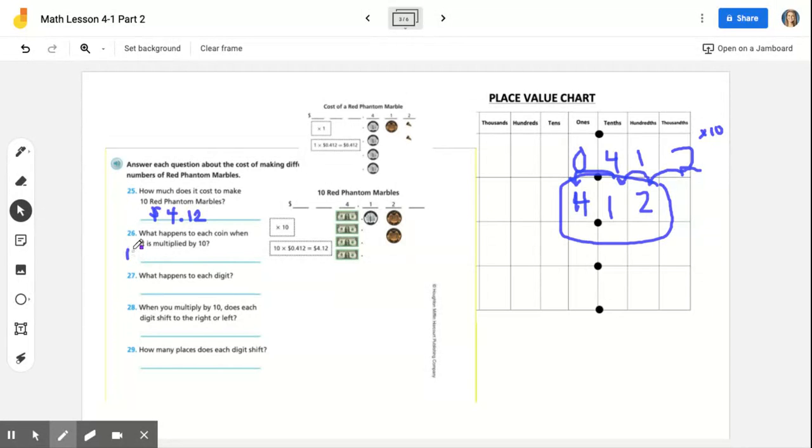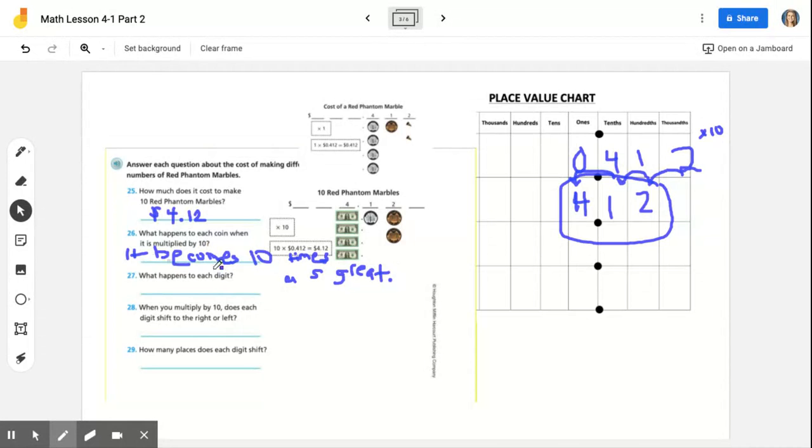So for number 26 to answer, each digit, when it's multiplied by 10, becomes 10 times as great. Oh my gosh, mine is so messy, but let me reread what I wrote. It becomes 10 times as great.